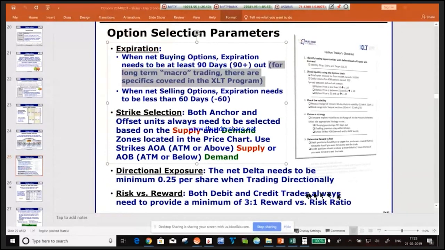Risk versus reward. Both debit and credit trades need to provide you a minimum of 3:1.